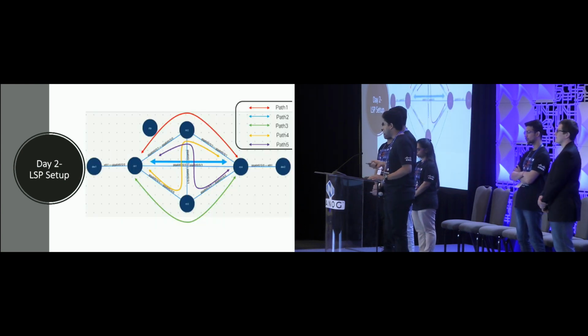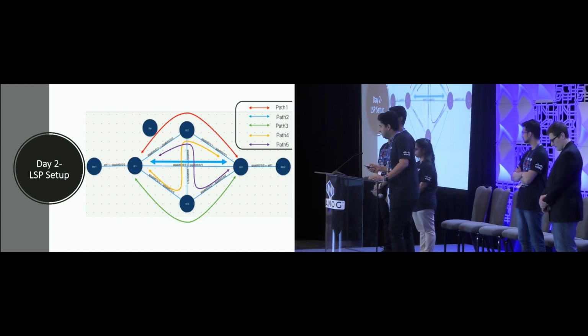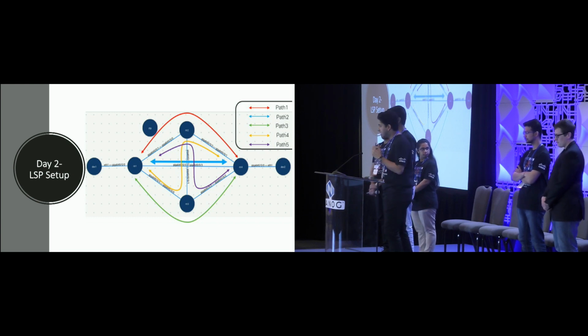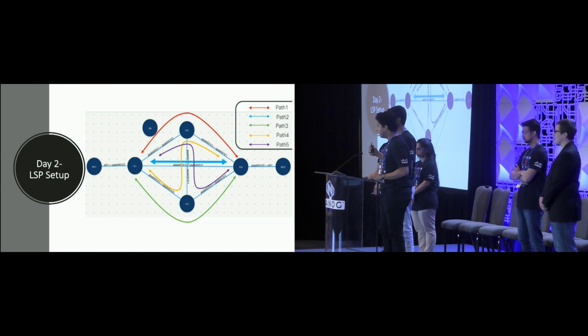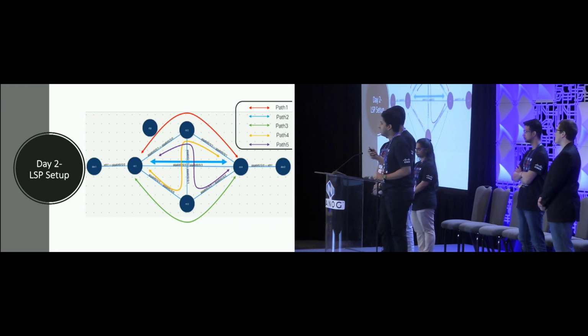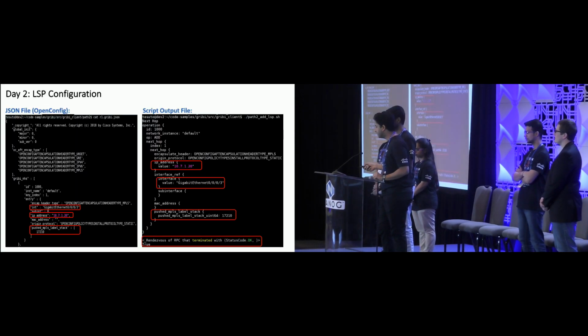So these were the paths that were set up. The organizer team gave us very good documentation and an example of a single path and how these APIs work together. And we had to extrapolate all that information to establish other paths. So we established these paths through JSON files, and then we had shell scripts to actually add or delete the paths as and when required by the user.